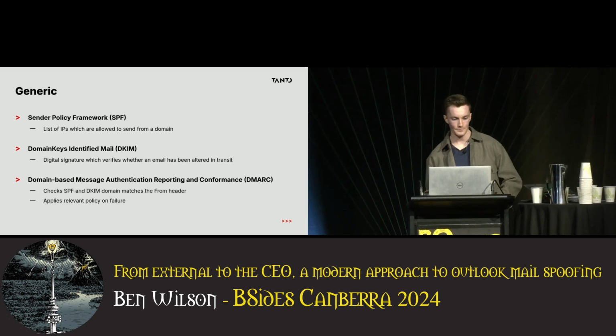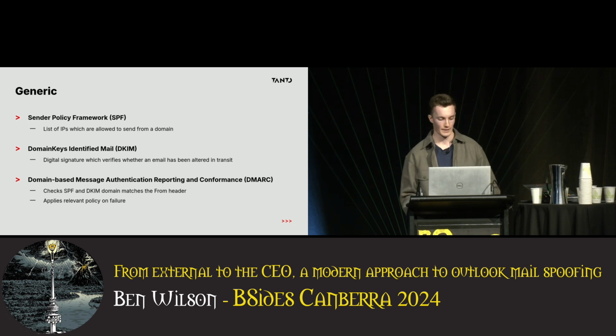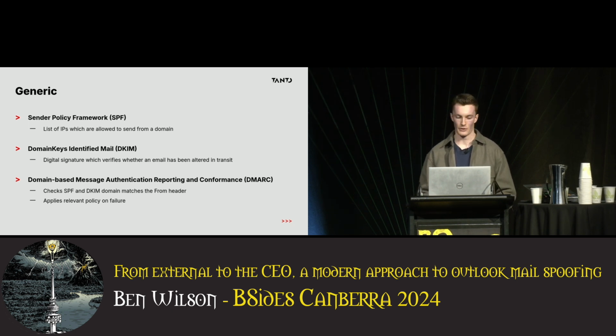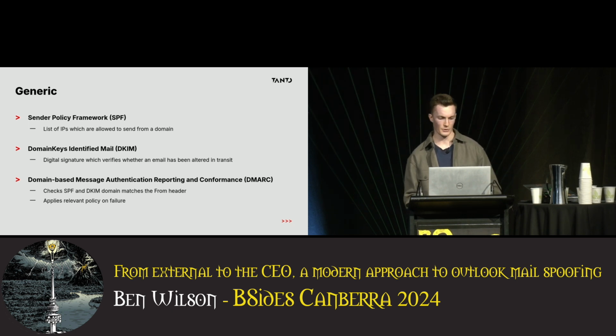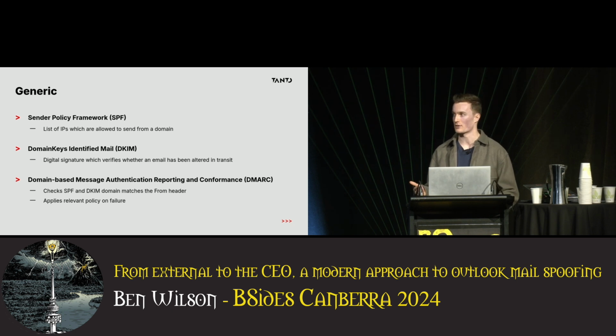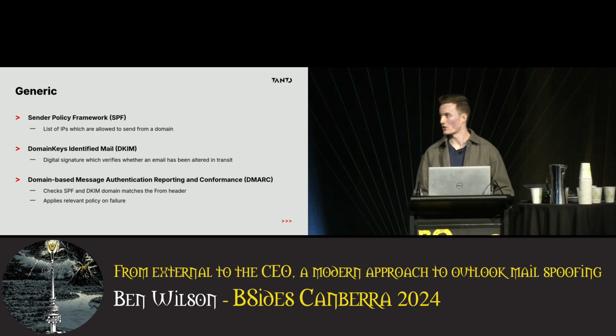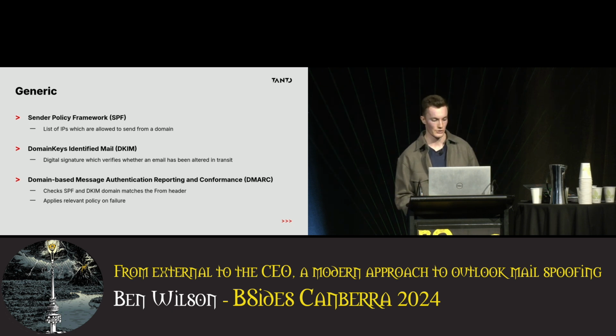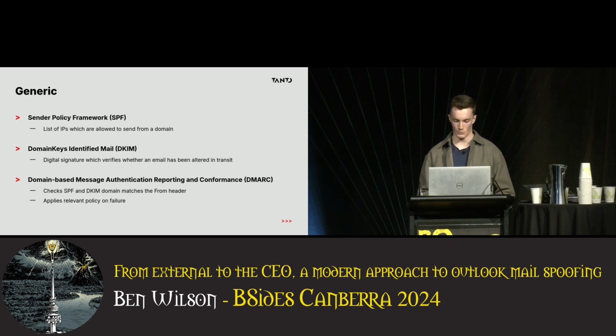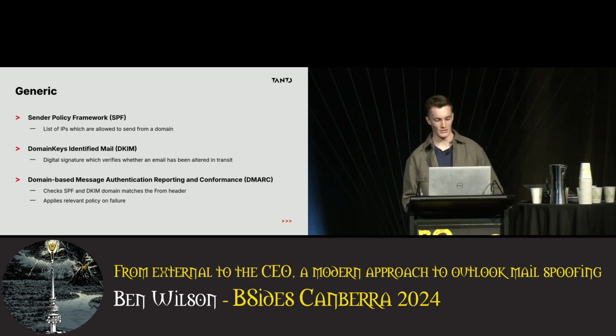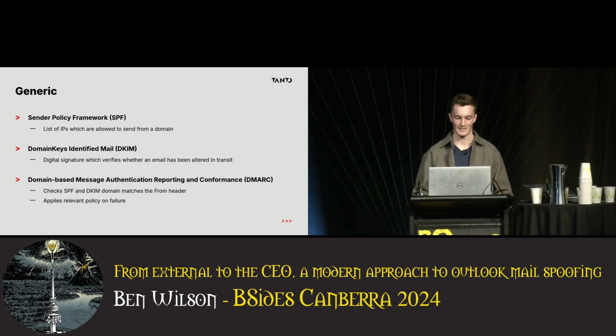So for your generic protections, these are probably the most well-known. You've got SPF, which is a list of IPs which are allowed to send from a domain. You've got DKIM, which is the digital signature to verify that an email hasn't been altered. And then you've got DMARC, which is a really long, stupid acronym, if you ask me, but domain-based message authentication reporting and conformance.